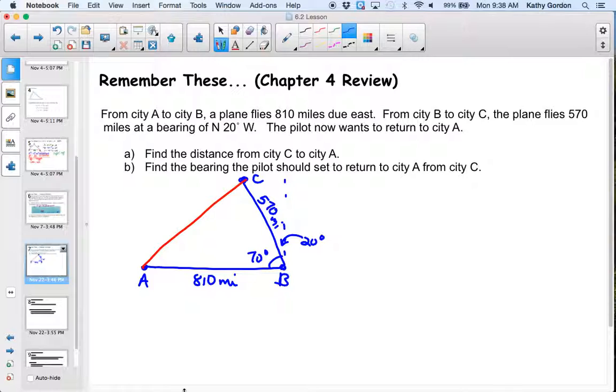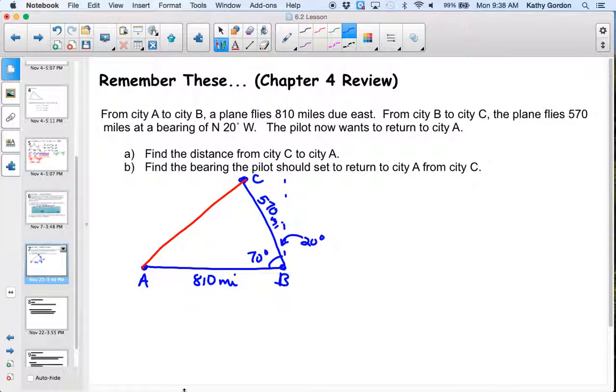So now do you see how law of sines and law of cosines can make this a whole lot easier than what we did in the practice, in the review? Now I've got another SAS. I know these two sides. I know the angle in between those two sides that was created based on the bearing that I was given. I should be able to figure out what this length is. Okay?